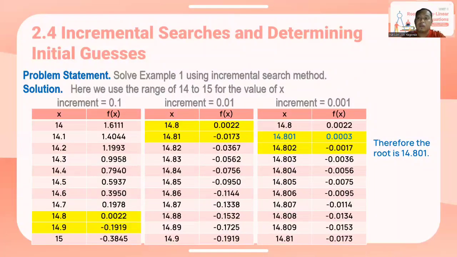Then after solving the function of x, as you can see, at points or areas wherein the function of x will change sign, like in this one here, in the first column or the first increment, or in 0.1 increments, the function of x changes sign at the point of 14.9.